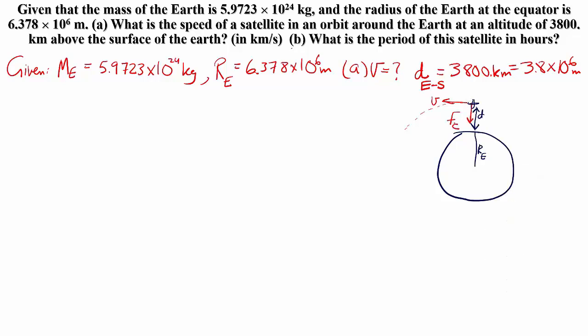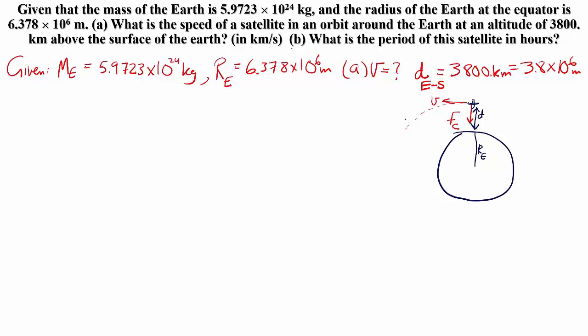Now we know centripetal force has to be equal to a certain force. In the case of a car making a turn, it will be the friction. The friction will be the centripetal force. In the case of rotating a cup of water, the tension on the string will be the force. Now in the case of an object in an orbit around the Earth, the centripetal force is actually the force of gravity.